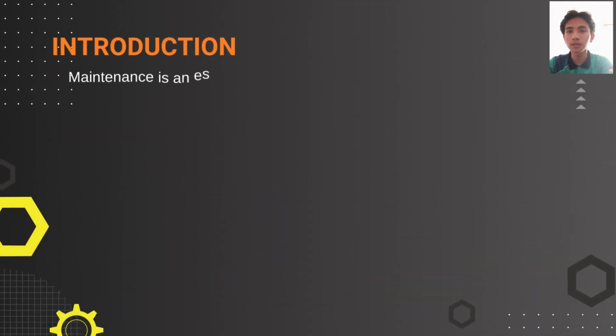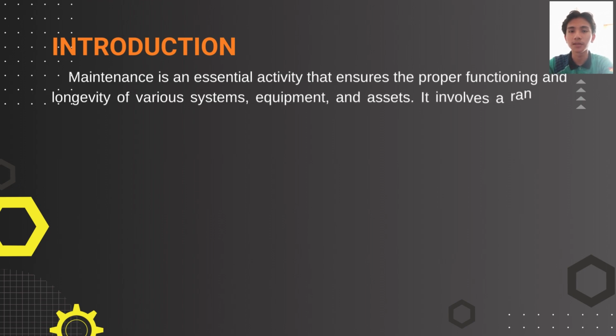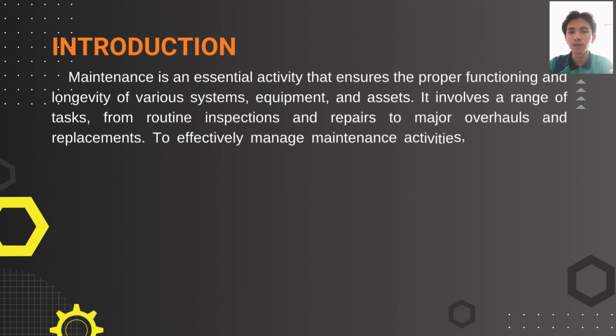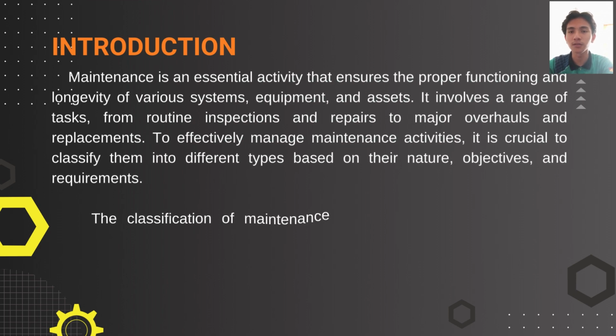Introduction. Maintenance is an essential activity that ensures the proper functioning and longevity of various systems, equipment and assets. It involves a range of tasks from routine inspection and repairs to major overhauls and replacement. To effectively manage maintenance activities, it is crucial to classify them into different types based on their nature, objective, and requirement.